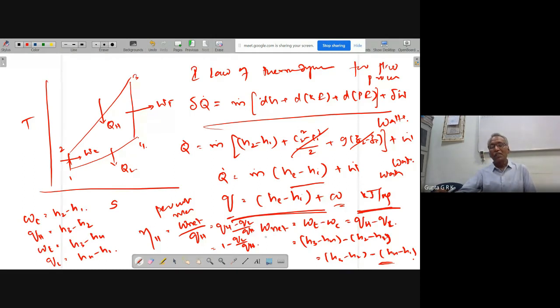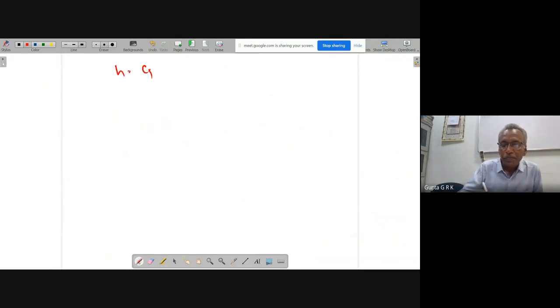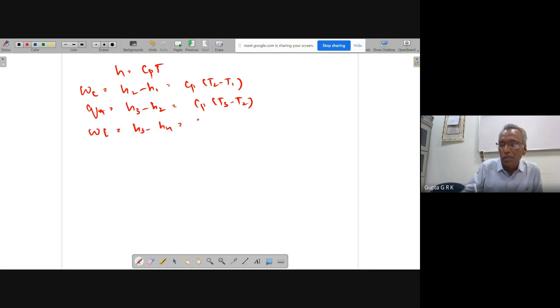Okay, because it's a perfect gas, H is equal to CpT. So WC is equal to H2 minus H1 is equal to Cp into T2 minus T1, and heat supplied is equal to H3 minus H2, which is Cp into T3 minus T2, and Wt is equal to H3 minus H4, that is Cp into T3 minus T4, and QL is equal to H4 minus H1, that is Cp into T4 minus T1.